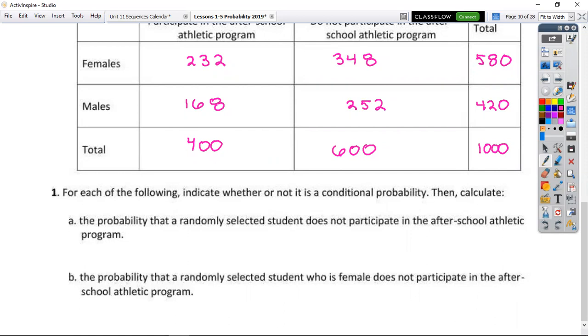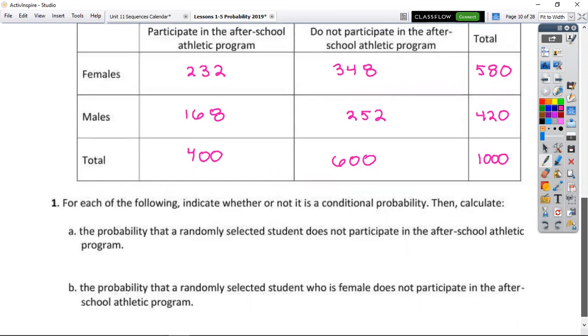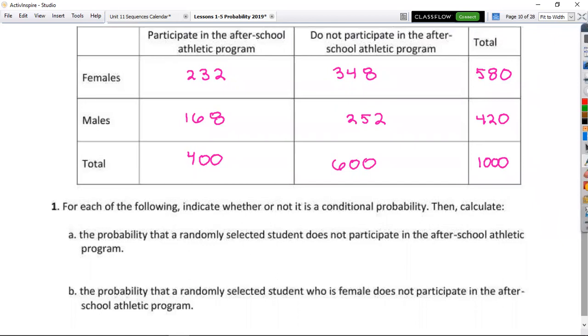All right, how many non-participators do we have? 600. Good. So I'm going to do this number over this number here. I want the probability of no after school. This is not a conditional. This is out of the grand total. You did not apply male or female to it.